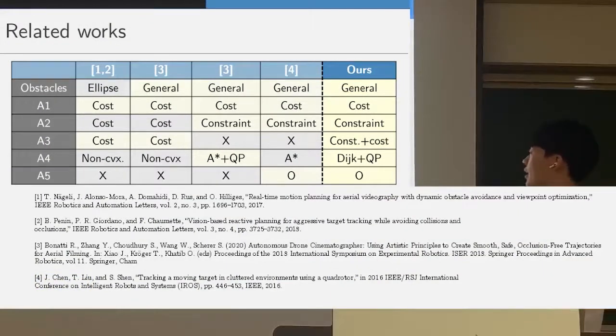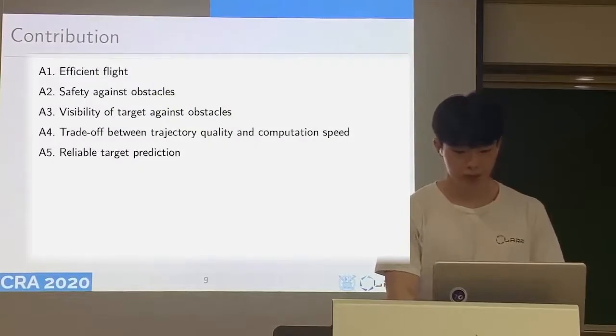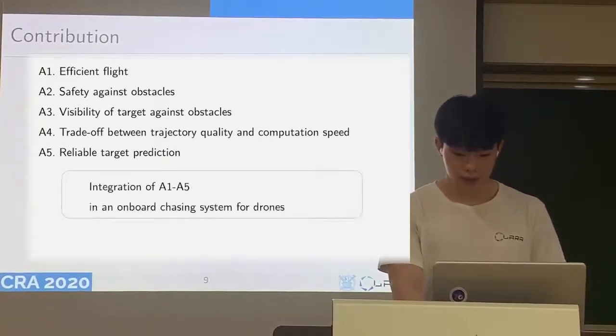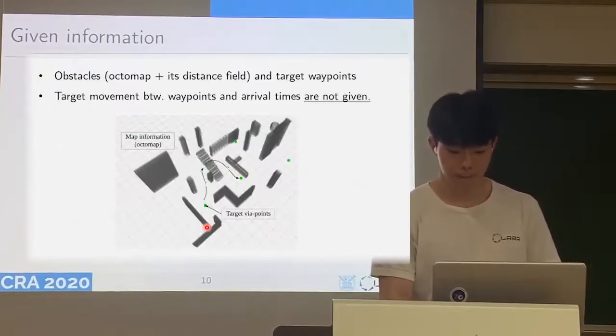The point is that our work can handle all five considerations without assumption of the shape of obstacles. From this capability, we can derive our contribution as stated in this slide. In this work, we plug in a motion prediction module and complete an onboard integration for real drones.